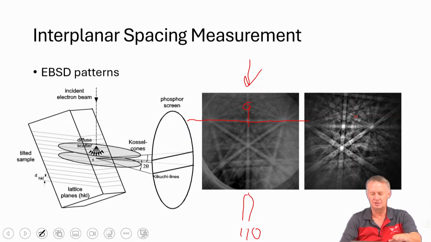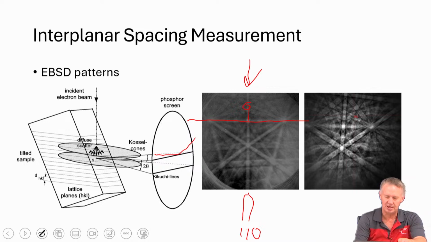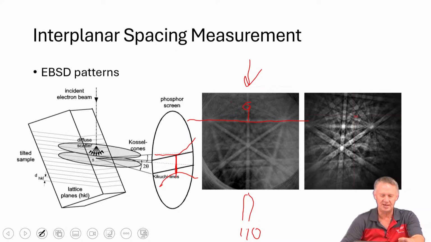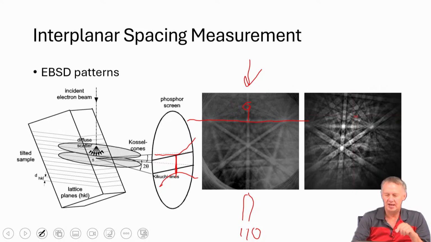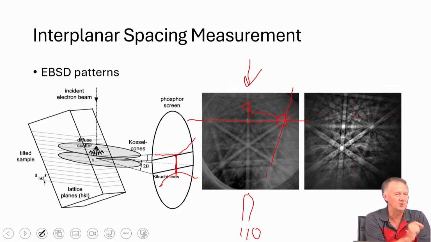But it is because we have these bands that are not actually straight lines, they're actually hyperbola. And the only place where the bandwidth angle really makes sense is at that smallest position. And that's going to be at a position seen on your screen that's normal to the segment that comes from your pattern center out to the line. So let's say we're looking at this line here. We have to take a normal from the pattern center out to that line. This is going to be the point where the bandwidth angle is the smallest and where we need to take the measurement.